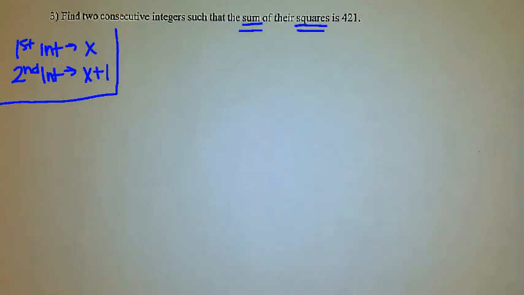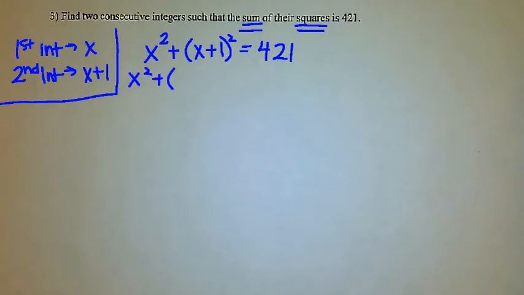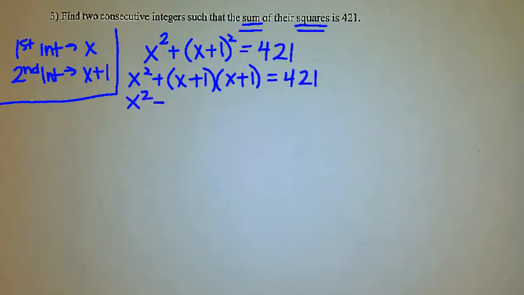Okay, so now we're finding the sum of their squares. So we have to do x squared plus (x plus 1) squared. Literally we're just squaring those two things. So x squared plus, let's expand this, and then we're going to have to FOIL. This one is a little more challenging than the other ones. So I get x squared plus x plus 1.